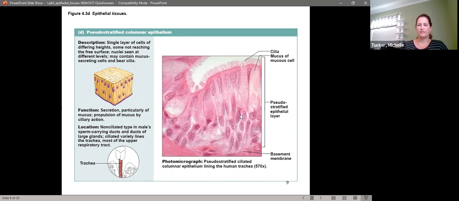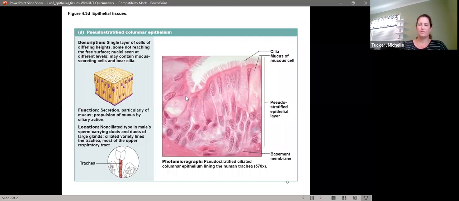The telltale sign of pseudostratified is that it is ciliated. So we have a ciliated pseudostratified columnar epithelium. And so the cells will have a basal attachment to that basement membrane. On their apical surface, they'll have these cilia.